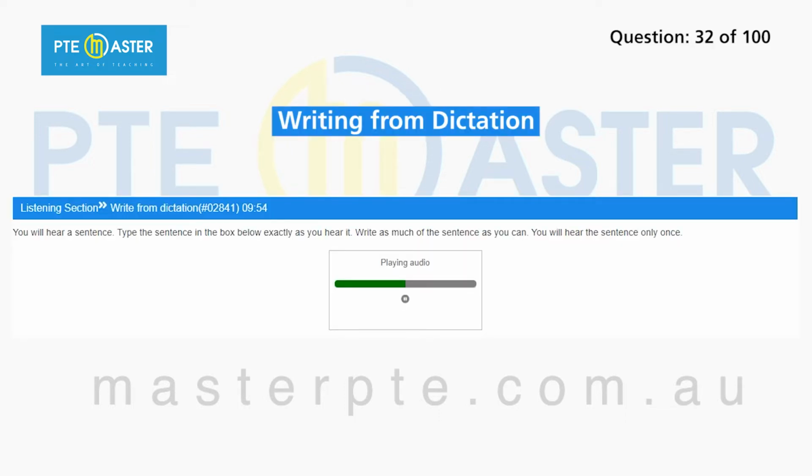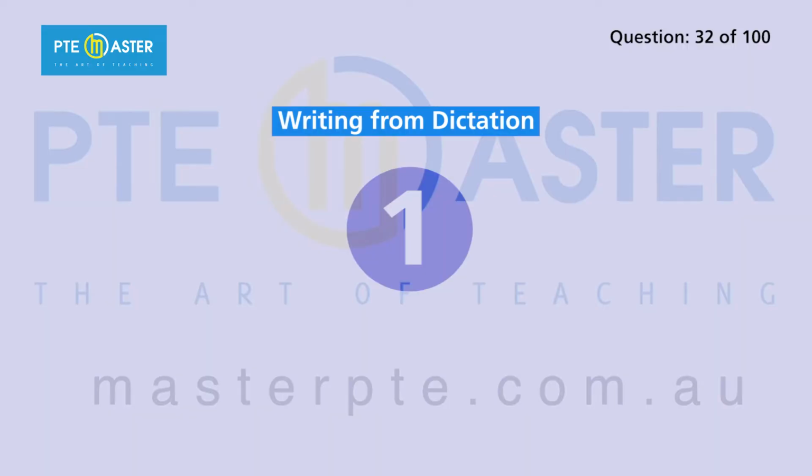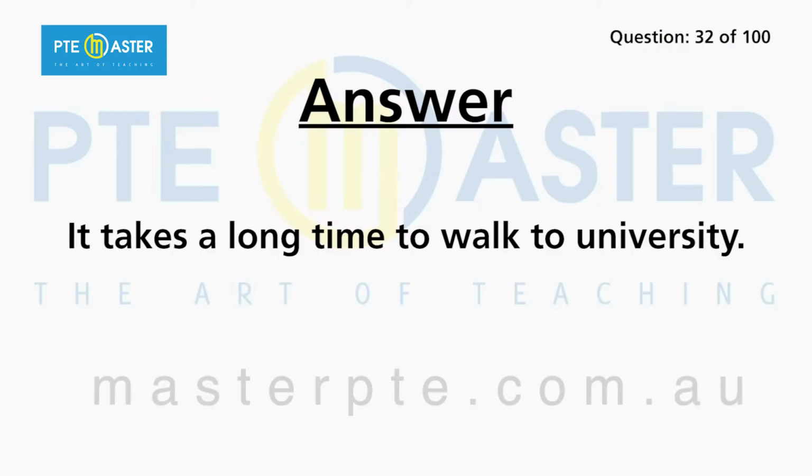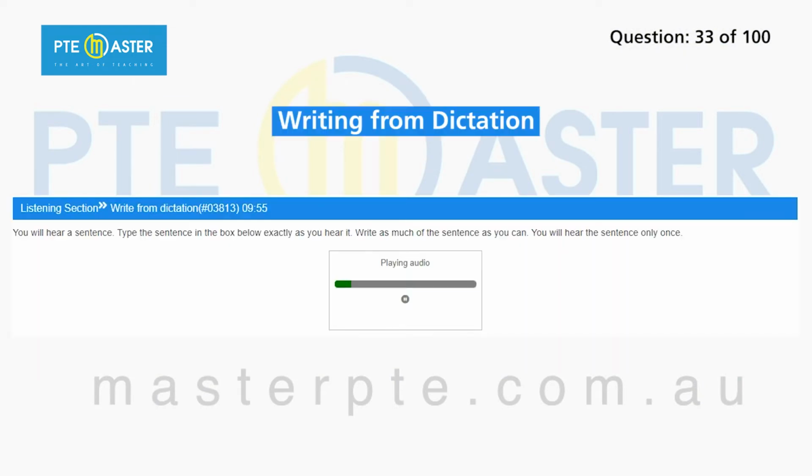It takes a long time to walk to university. The department is organizing a flight to London in July.